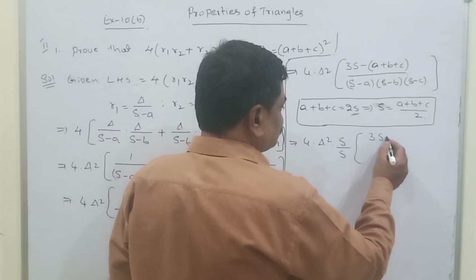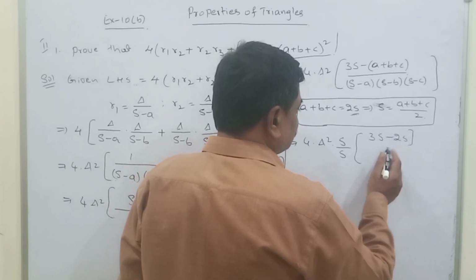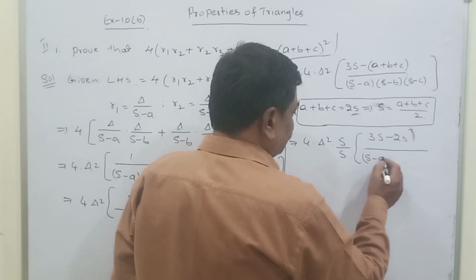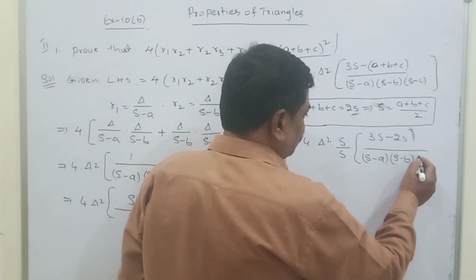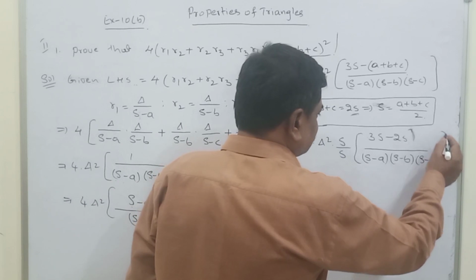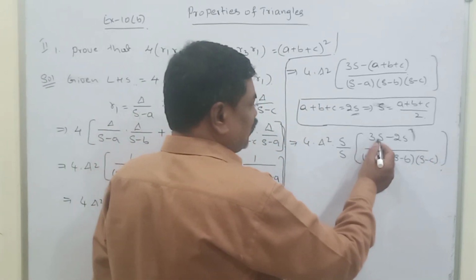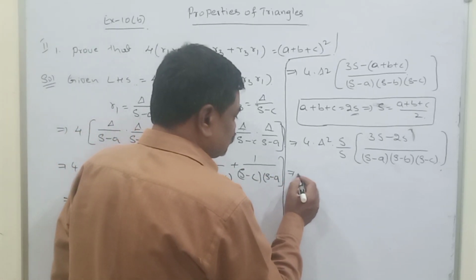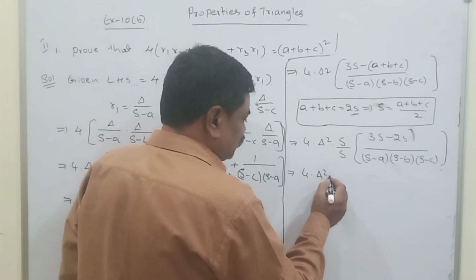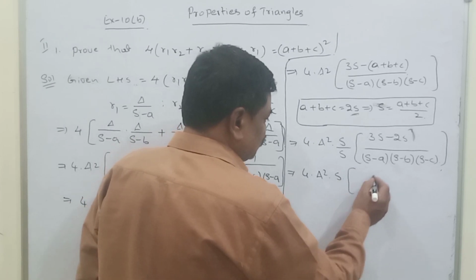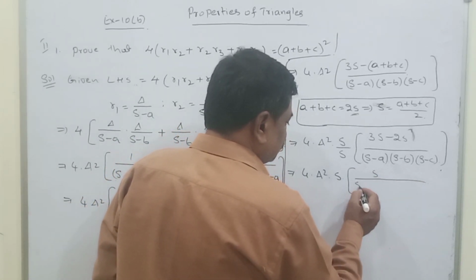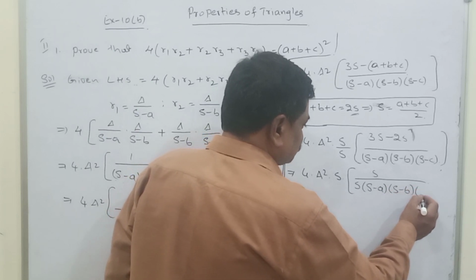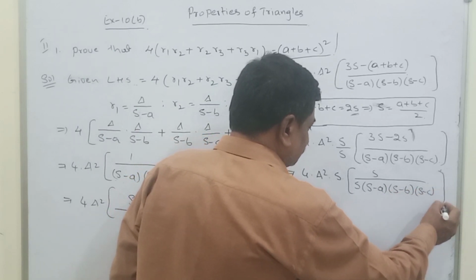So this is (3s minus 2s) by denominator (s minus a)(s minus b)(s minus c). So what is 3s minus 2s value? So this implies 4 into delta square into s, this is s by s into (s minus a)(s minus b)(s minus c).